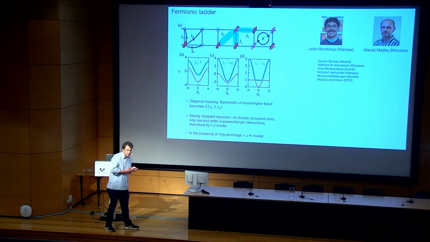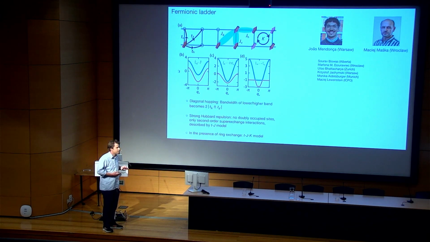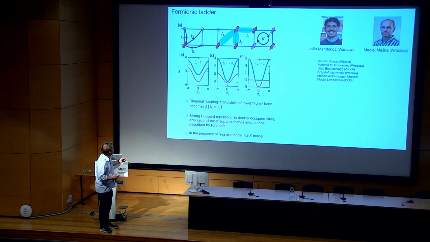But what we then wanted to know is what happens in such a system if we additionally add this diagonal hopping term, which, if you make it negatively valued, can flatten the lower band of the tight binding model. So this is without diagonal hopping, and then a small negative diagonal hopping flattens this lower band.